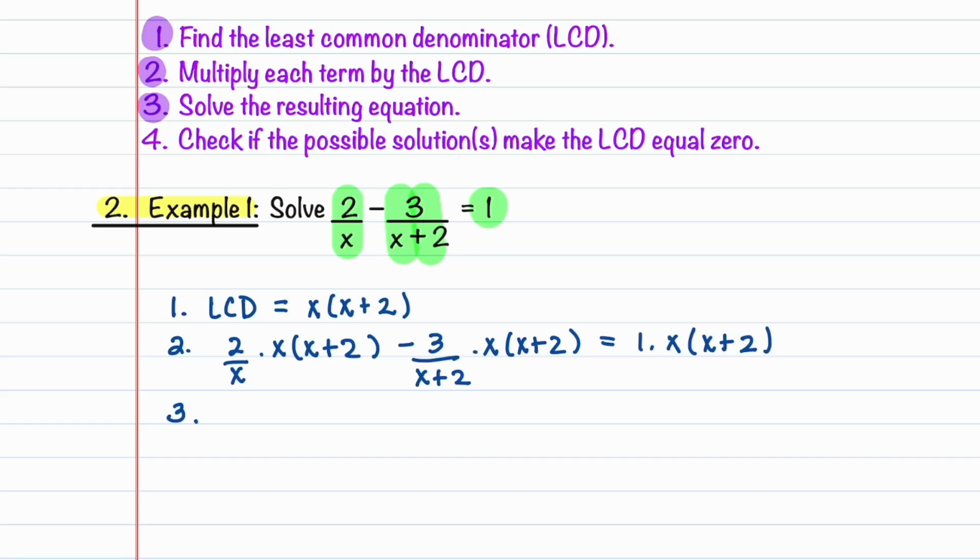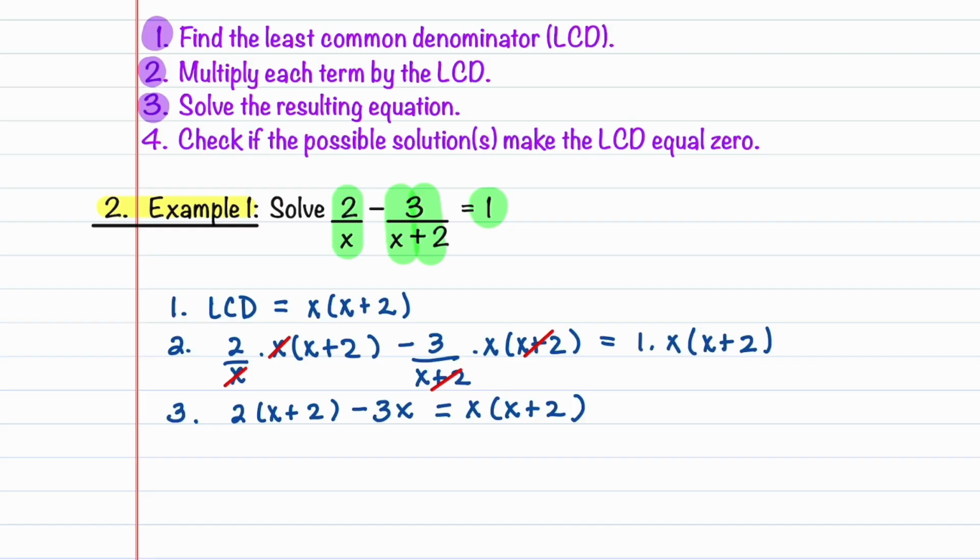To solve this equation, we are going to cancel out some terms, so let's go ahead and do that. In our first term, the x's cancel. In our second term, the x plus 2's cancel. And now we can simplify. We have a 2 times x plus 2, and then we have a minus 3x, and on the right-hand side, we have our x times x plus 2.